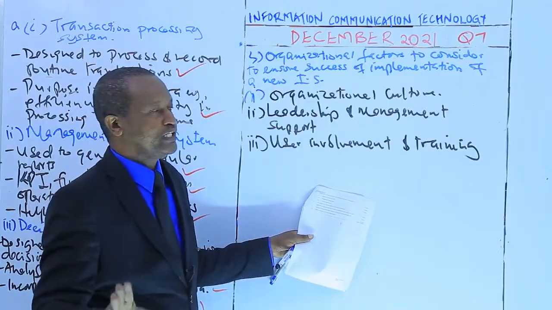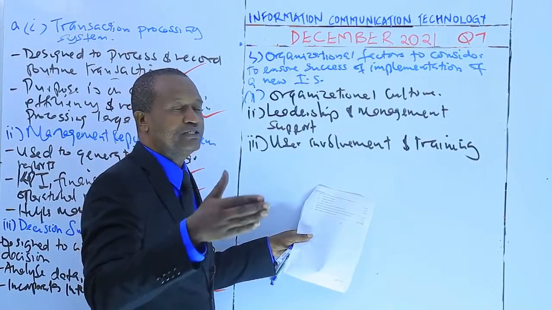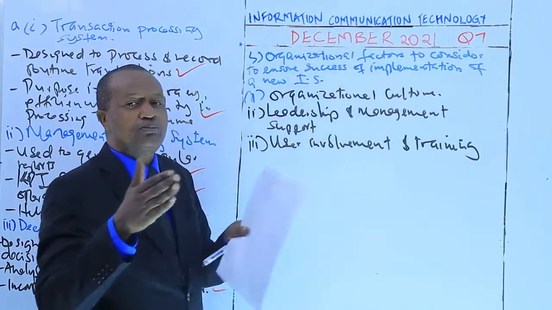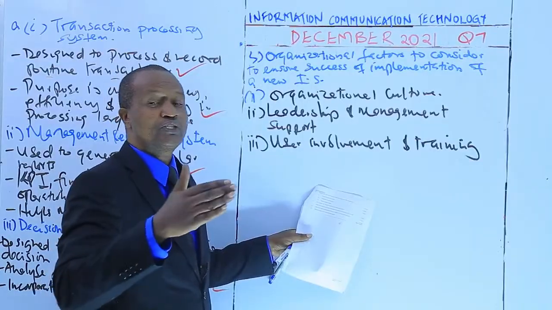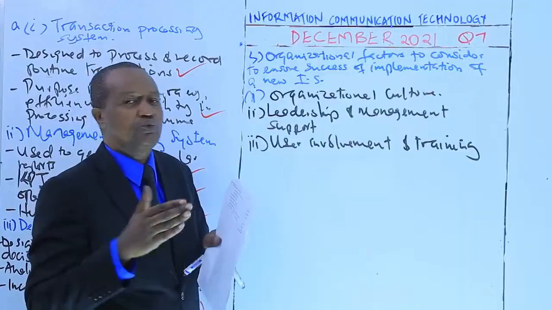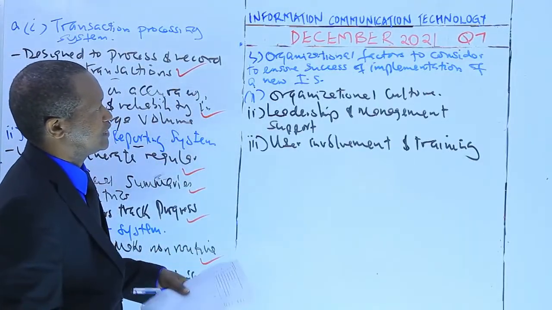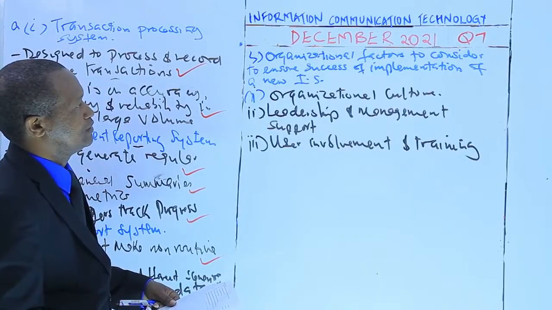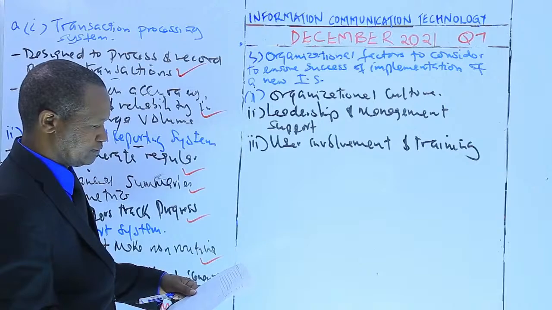So user training and user involvement contribute to satisfaction, reduce resistance, and increase system utilization. So these are 3 factors to consider to ensure success of implementation of a new system.